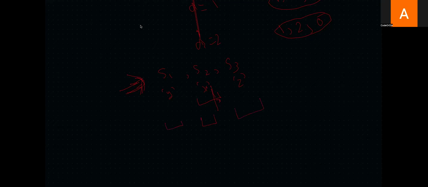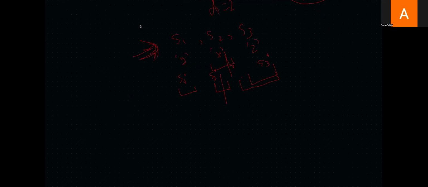So now this S1 dash, S2 dash, S3 dash, now these are also valid segments, valid partitions. So we can apply the same rule here also. If I reduce the size of this by 1, which will be added to S3 dash by 1, then still it's a valid partition. So I think now you know what I'm trying to say. I will reduce the size of S2 to 1.